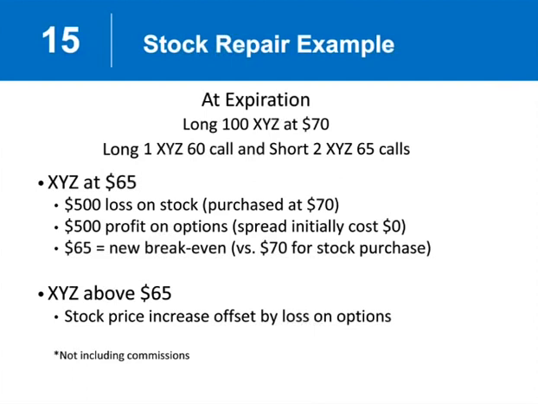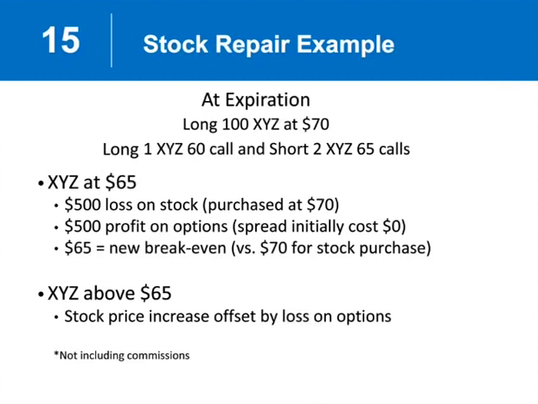$65 rather than 70 is going to be the point at which we've lowered our new break-even point, and really that's the whole point in trying to consider this 1x2 stock repair strategy. Lowering your break-even point, and then at that point deciding, okay, I was wrong, I lowered my break-even point, I'm now out at 65 and going to move on to something else, or potentially reconsider and initiate a new position in this.